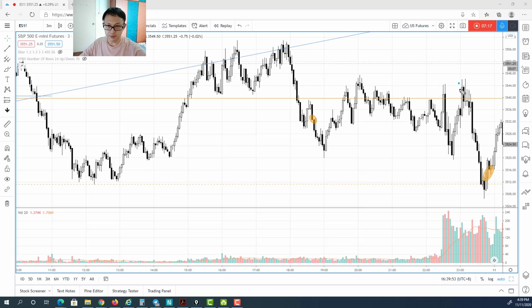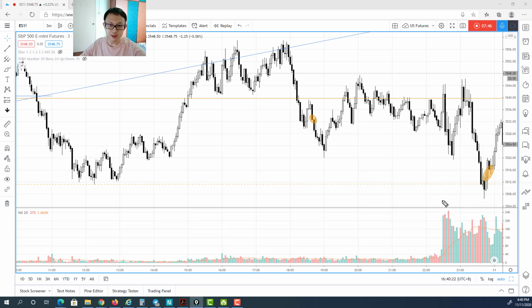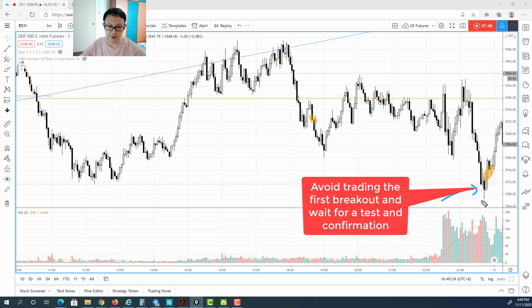First of all, let's take a look here. That's the support level formed right there, and you can see that we definitely have a commitment below this support. In order to avoid the false breakout, because at this point when the breakout happened, we have no idea whether it will succeed or turn out to become a false breakout, the easiest way is to avoid the first breakout.